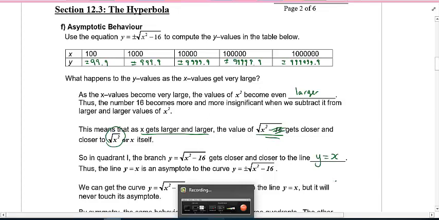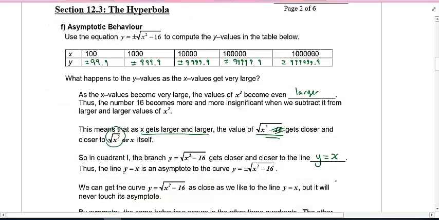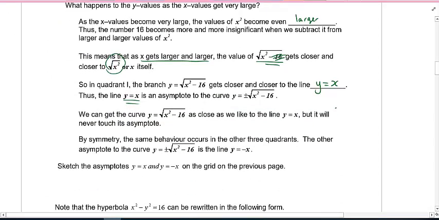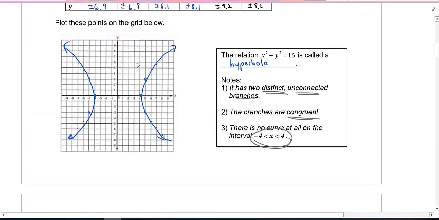And therefore the line y equals x is an asymptote, hopefully you remember that term, of the curve. And notice that by symmetry, it must occur in the other quadrants as well because of this plus or minus. So you actually have two asymptotes, y equals x and y equals negative x. So I'm going to try to sketch that out as well on the previous page. So y equals x, and then negative x.